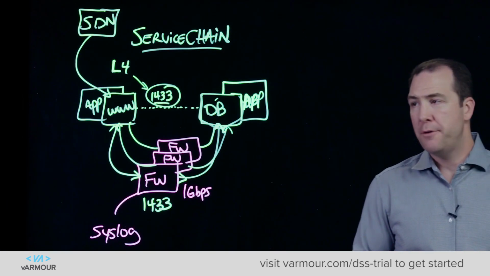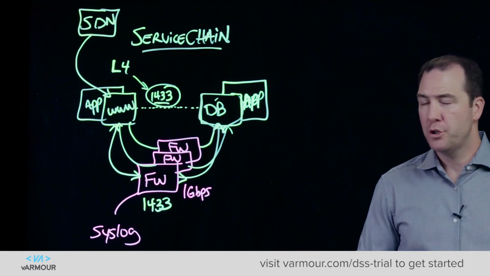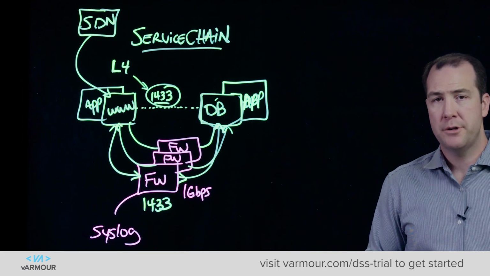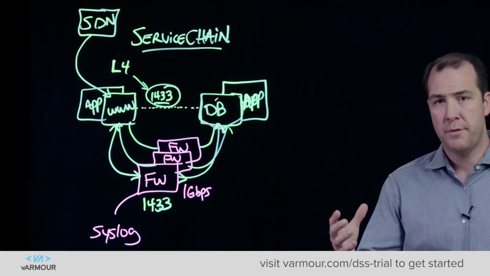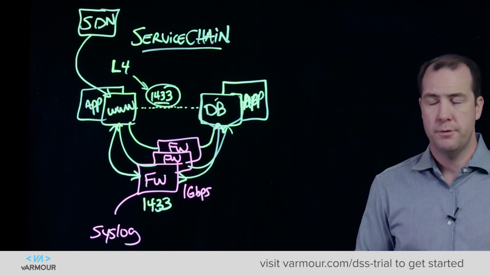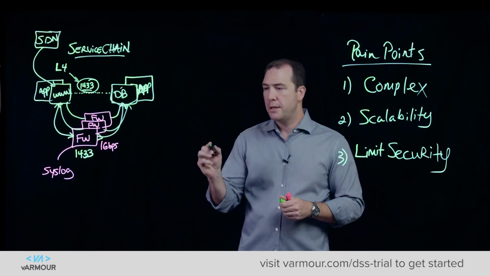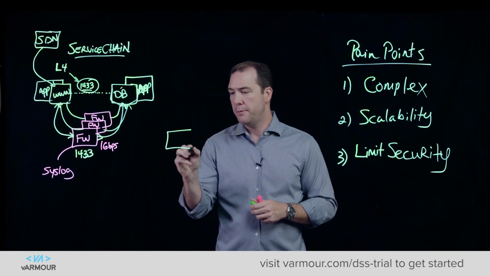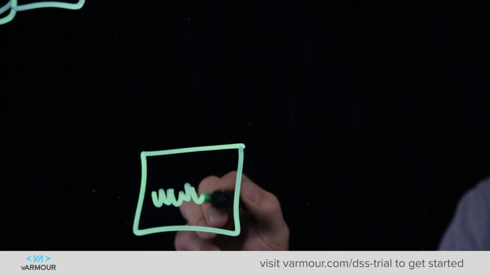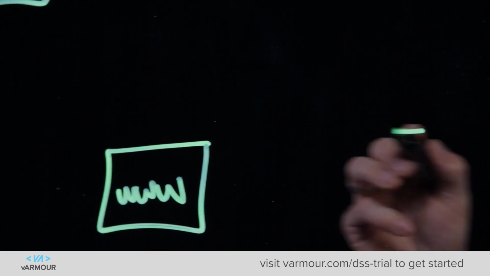So now let's talk about vArmor's approach to creating this distributed security architecture and microsegmentation in this environment where we don't require service chaining. Let's take our web server again, and we have a database server.